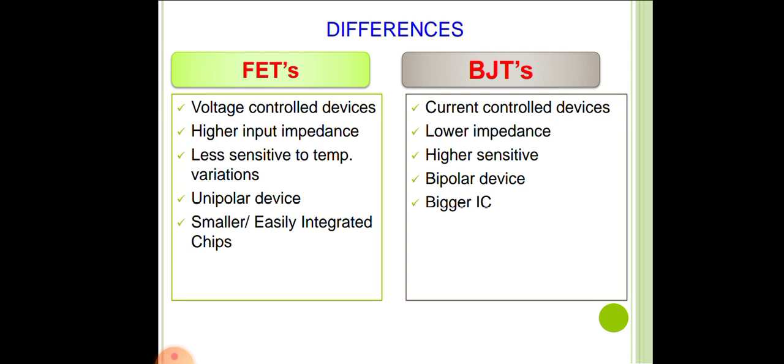BJT is large in size as compared to FET, so bigger ICs are required for BJT. These are some differences between FET and BJT. So FET is very good for use in digital circuits, and BJT is basically used in communication circuits.